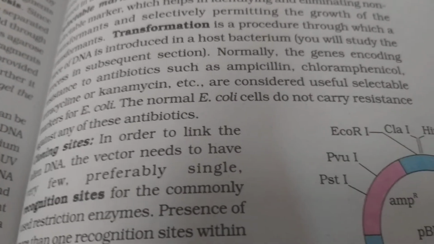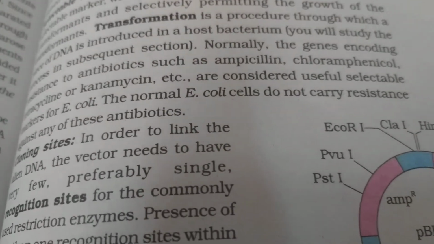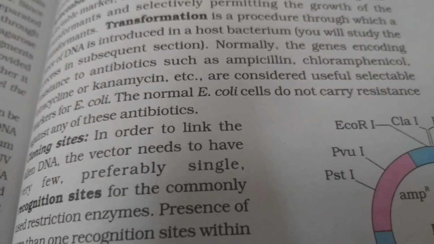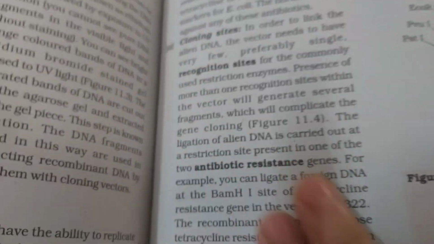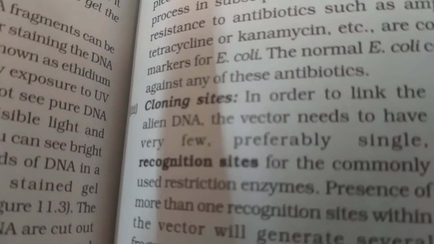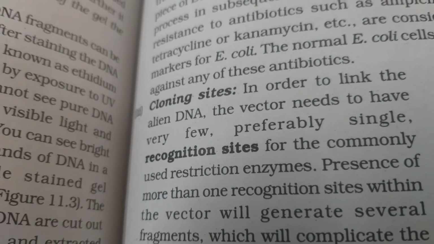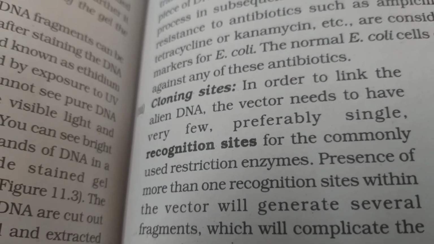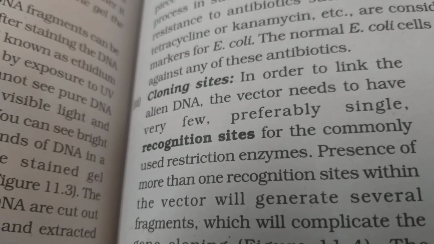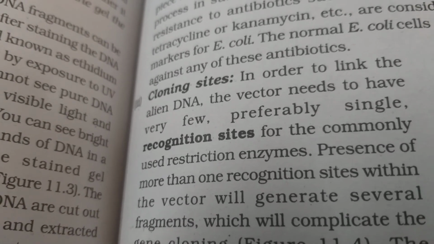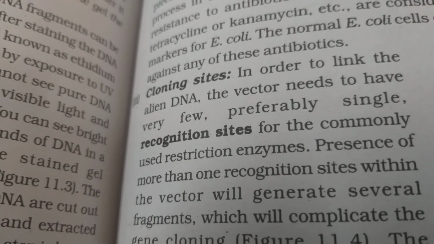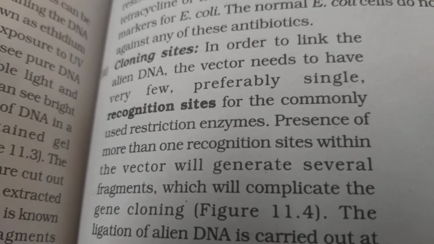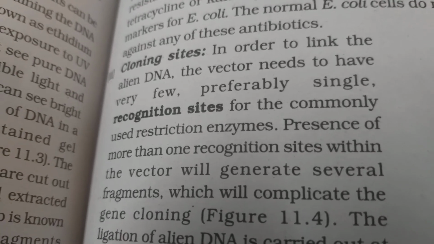Then number 3, the third feature which is required to facilitate cloning into a vector, is cloning sites in order to link the alien piece of DNA. The cloning vector should have very few, preferably one, recognition site or restriction site.